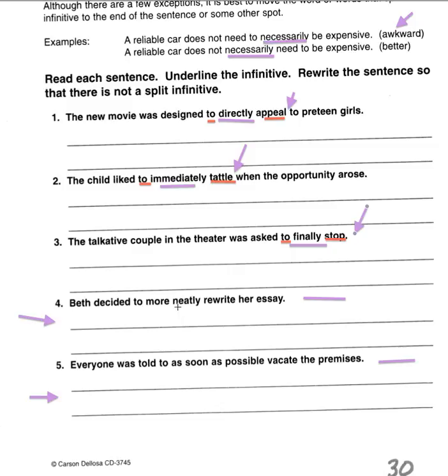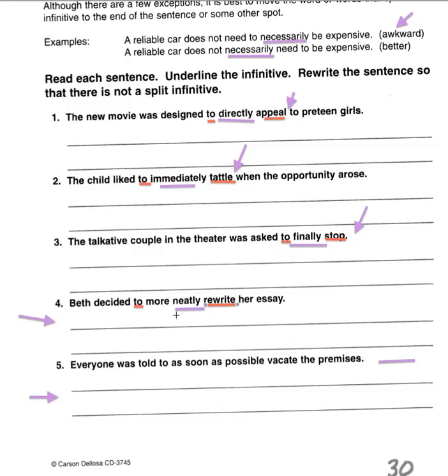Beth decided to more neatly rewrite her essay. Ooh, does that one sound awkward or what? Neatly is the word that we need to talk about moving here. And let's underline, and we've got more neatly. We have an adverb modifying an adverb. We have an intensifier, kind of an adverb with the word more. Let's underline our infinitive, to, and rewrite. Don't let more confuse you.